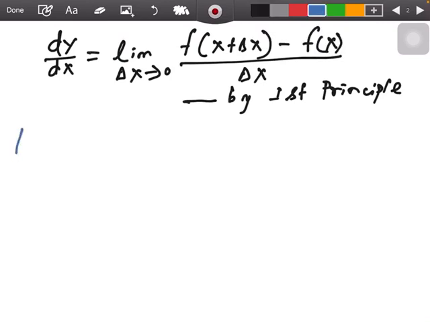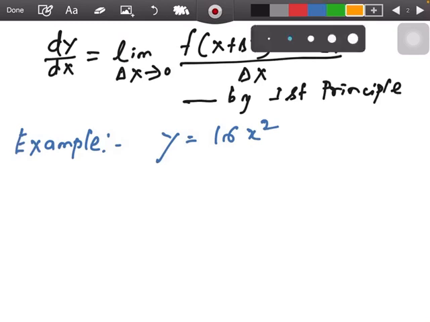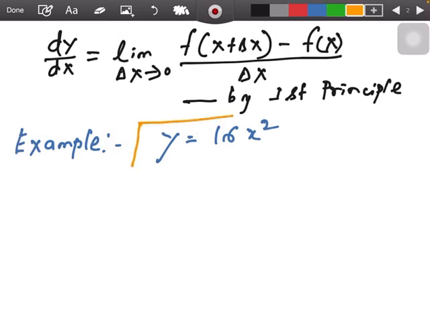Let us take one example here. How to find derivative by first principle. Let y is equal to 16x square. The same procedure will be followed by first principle.